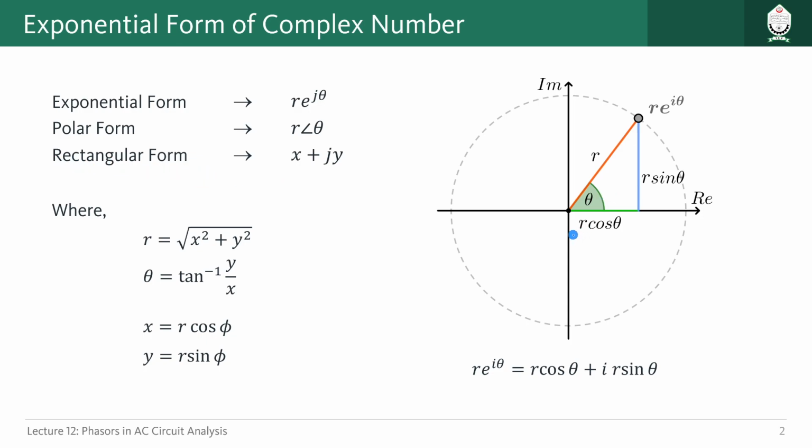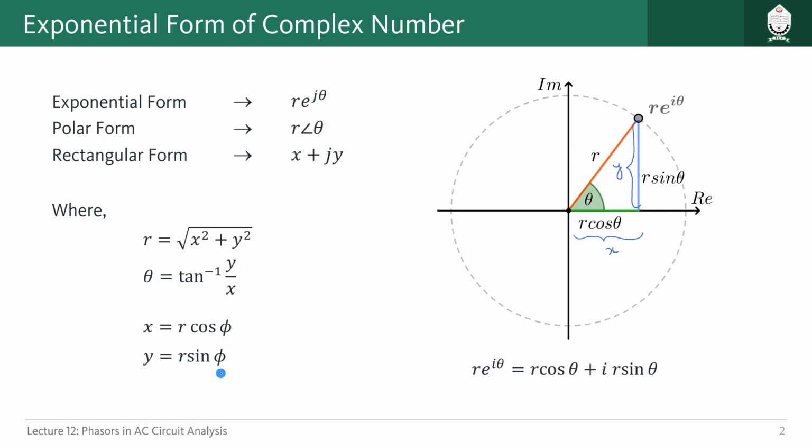If I take this length here as x and this length here as y, then it can also be represented as x plus jy. And we can also take the traditional approaches of converting a rectangular form into a polar form or a polar form into a rectangular form using these equations here.